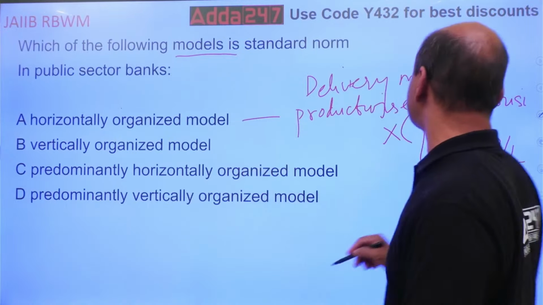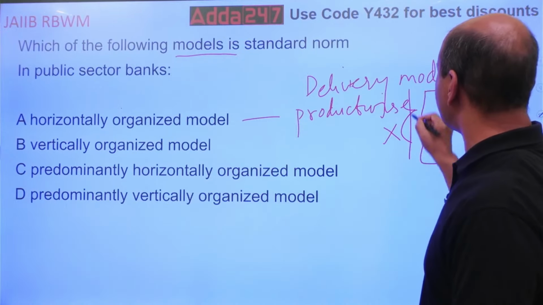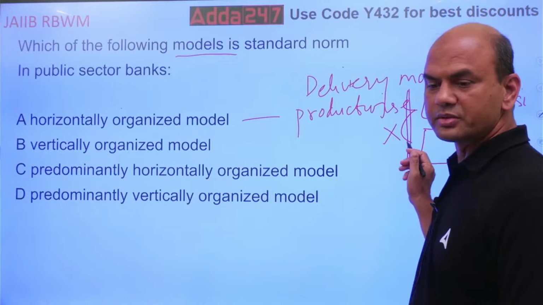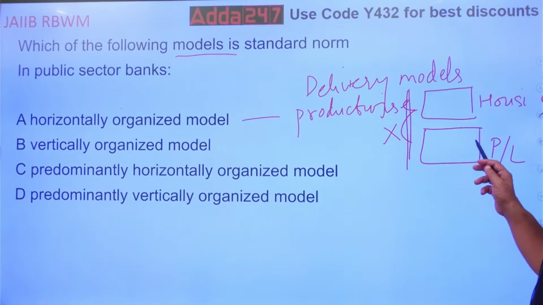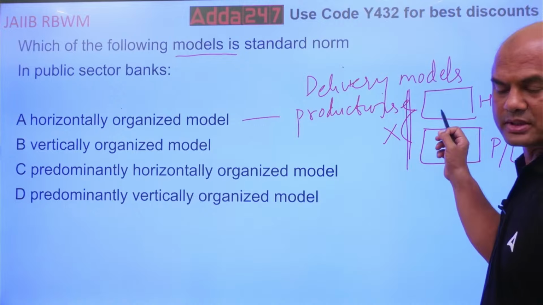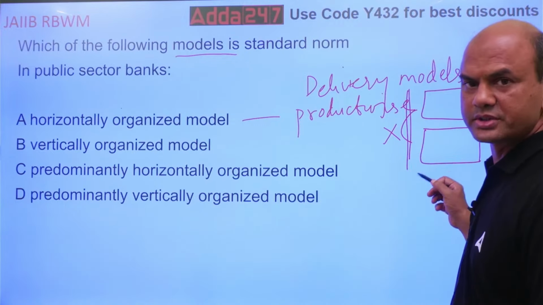Vertically organized means there is a common database among all the loans. A housing loan customer will have access to personal loan also, and personal loan to housing loan also.